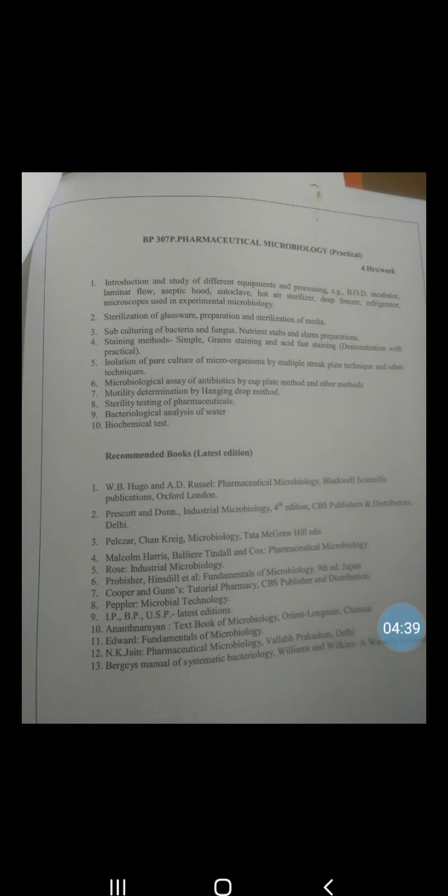Then we will see the requirements of this practical. First, cultures: E. coli, Bacillus subtilis or any other soil isolated culture.